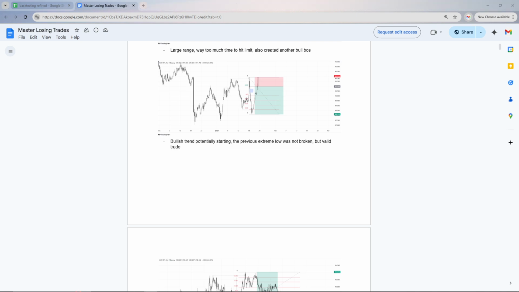So I'll toss some math in chat. 10 trades, sorry, my keyboard's really loud, 70% win rate equals 21 RR per year, we'll call it. And then the other example is, let's call it 200 trades with, in your case, a 31% win rate. So 200 trades times 0.31 times 3 is 186 RR for the wins.